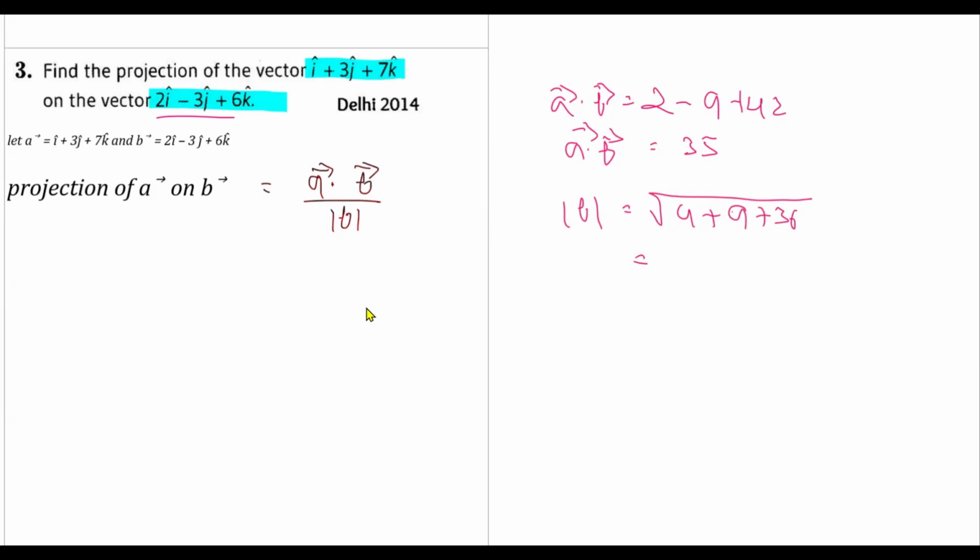So this is the square root of 49, which is equal to 7. Now we replace these values: A dot B is 35, divided by B magnitude, which is 7. On simplifying, we get 5.